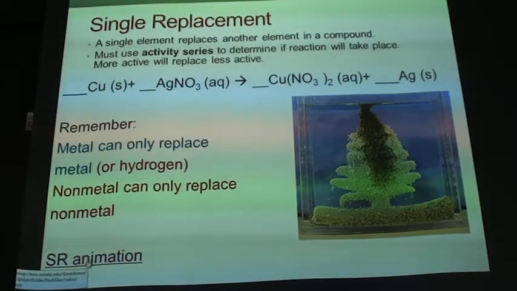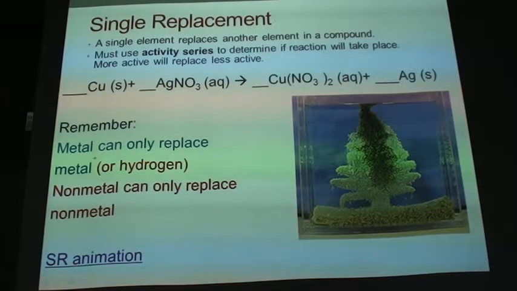Okay. Here is the single replacement reaction. Now, you need to remember this. A metal can only replace a metal. In our picture, a boy can only replace a boy. Or a nonmetal can only replace a nonmetal.